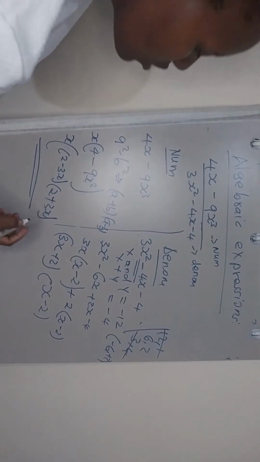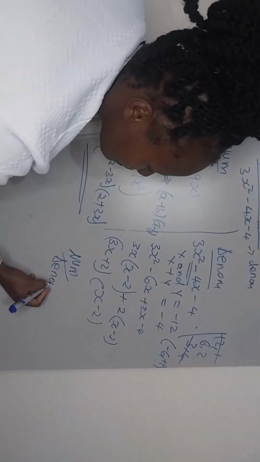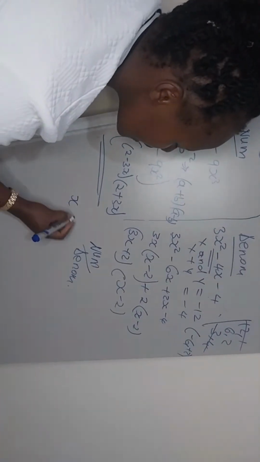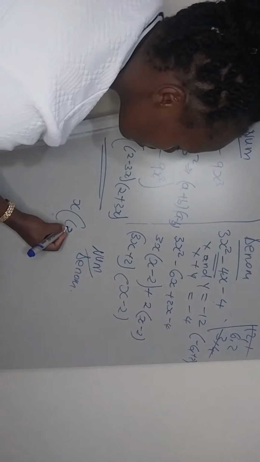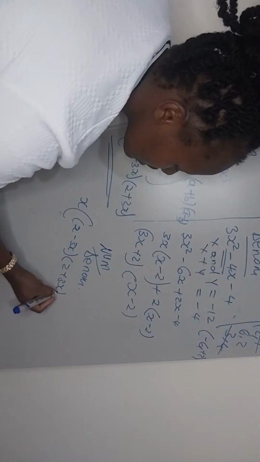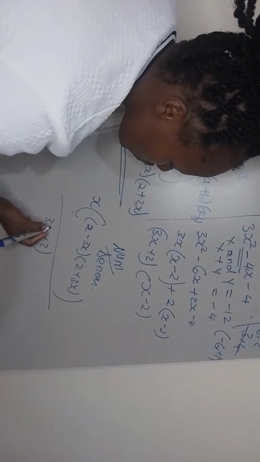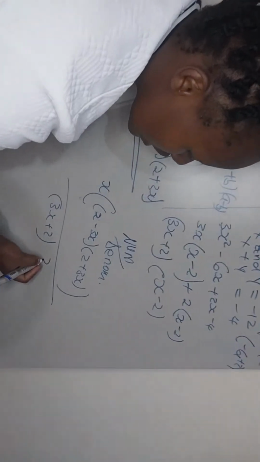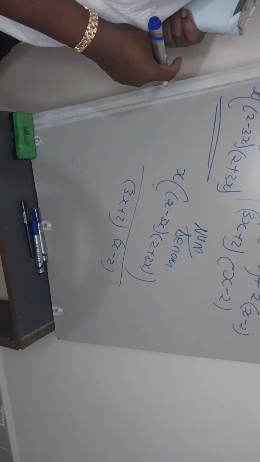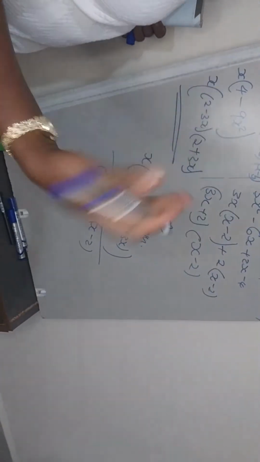From there, we now do numerator over denominator. Our numerator said x into (2 minus 3x) into (2 plus 3x), all over (3x plus 2) into (x minus 2). Look at what is common. If your question ends up having something not common on the numerator and the denominator, definitely you are wrong.